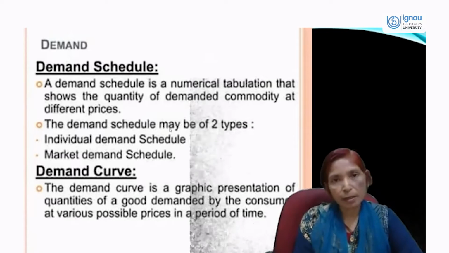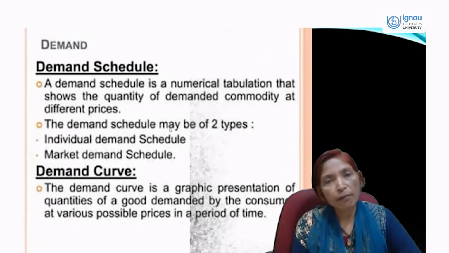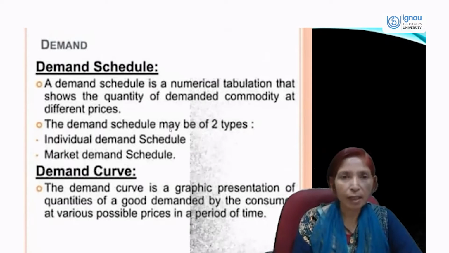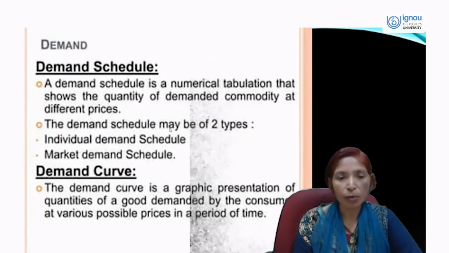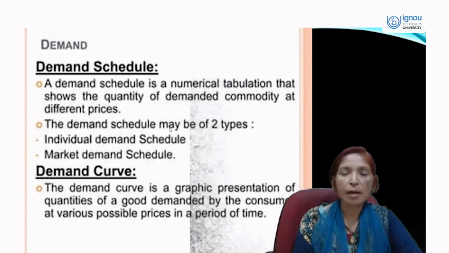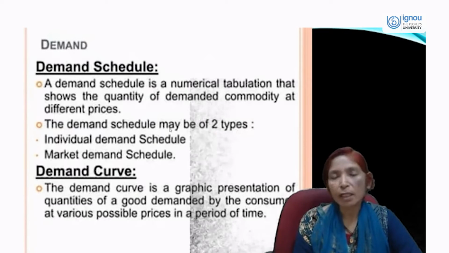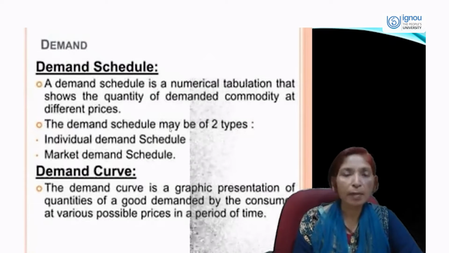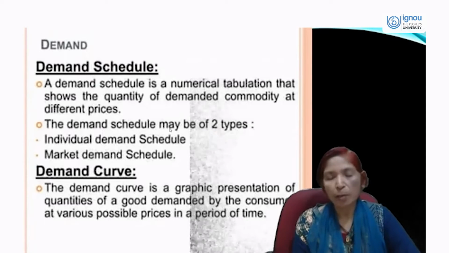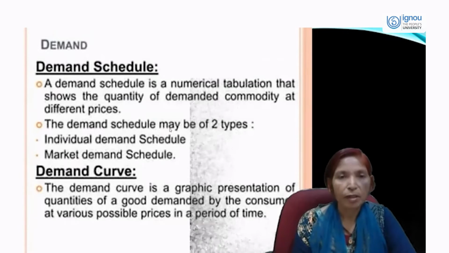And what is demand curve? Demand curve is a graphical presentation of demand schedule. If we graphically show the demand schedule, that is called demand curve. So demand curve is a graphical presentation of quantities of a commodity demanded by the consumer at various possible prices in a period of time.